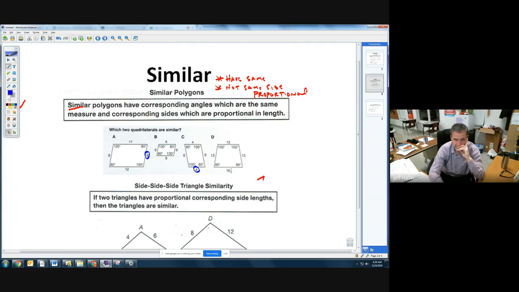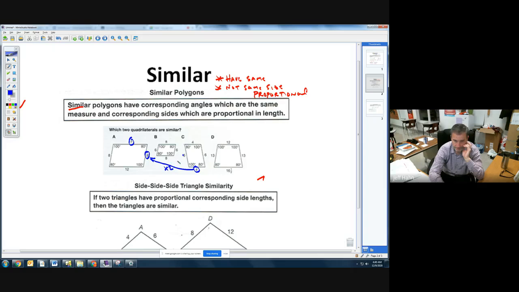What that means is this: how do I go from 4 to 8? I multiply by 2. Now, in order for a shape to be proportional and similar, every other side on this small one would have to be multiplied by 2 to get to the big one. That makes it proportional. So you look at this side 6, the long side. If you multiply it by 2, do I get 12? I sure do. So that makes those proportional.